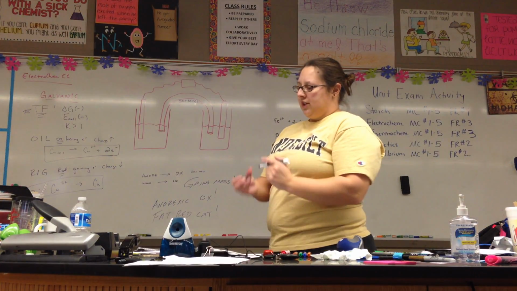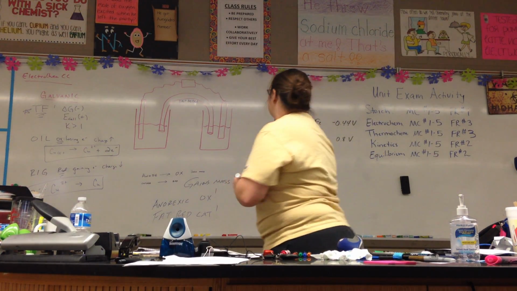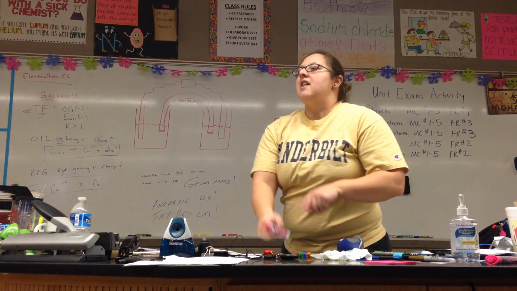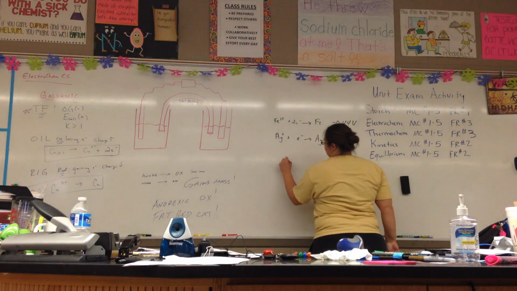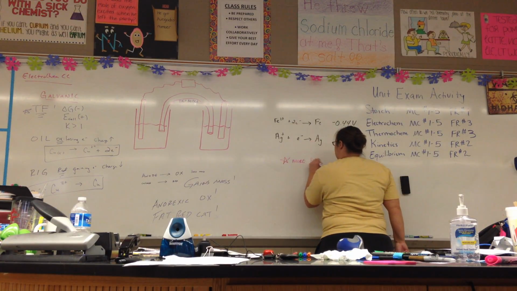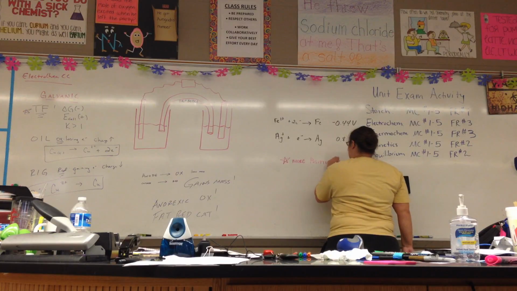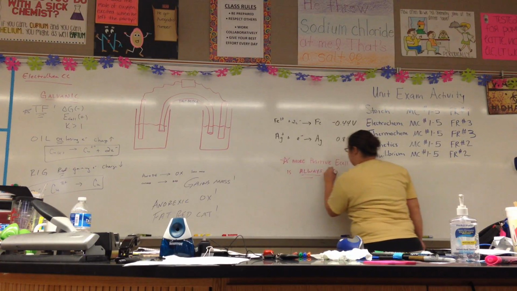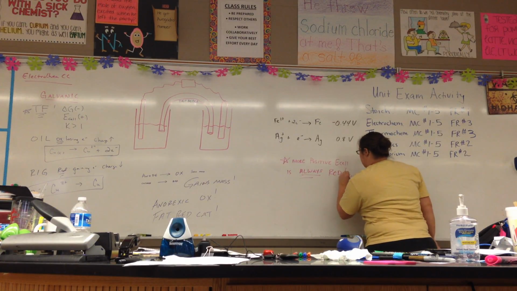How do we know which one is reduced by just looking at this? The more positive one is reduced. Very good. The more positive E cell is always reduced.